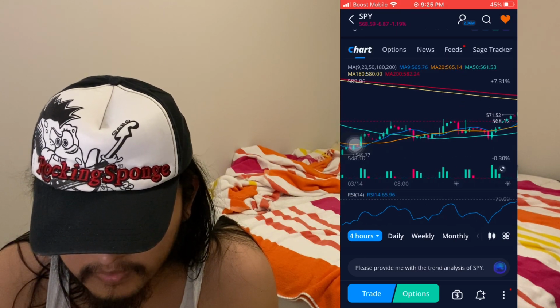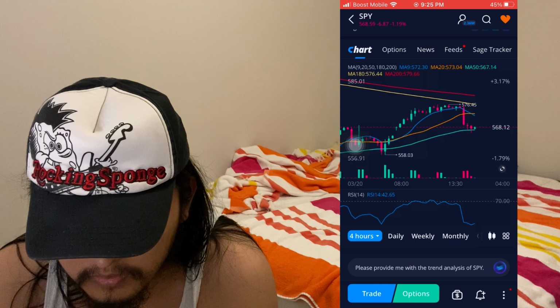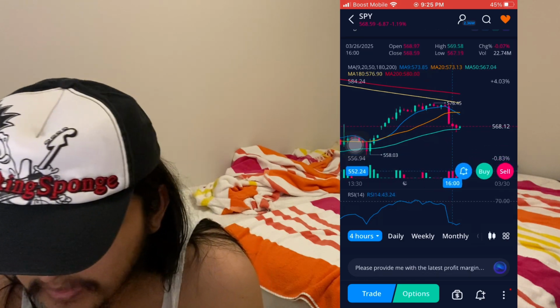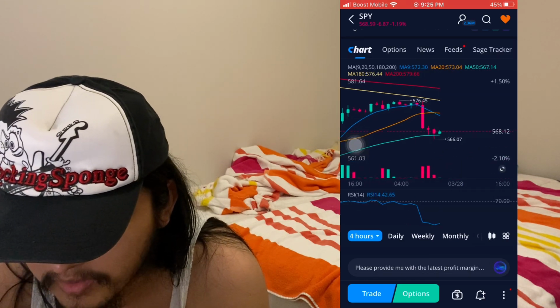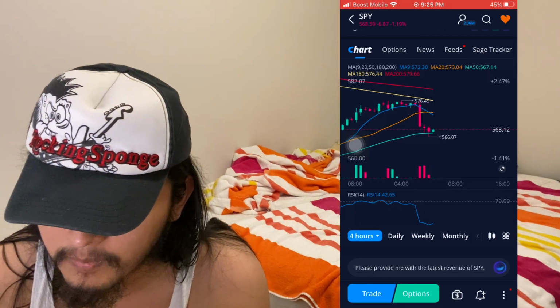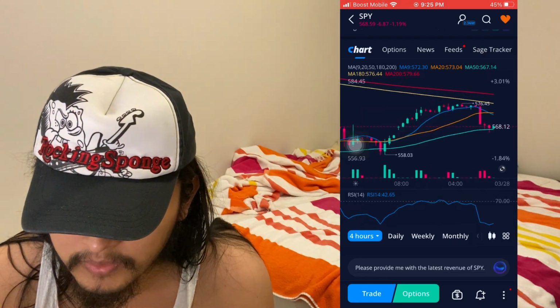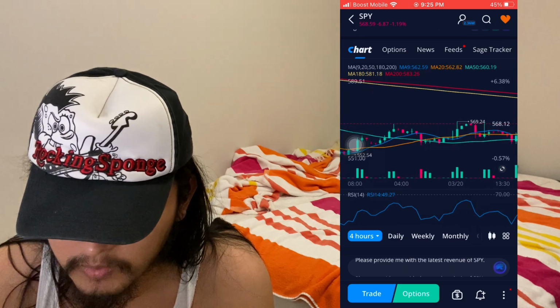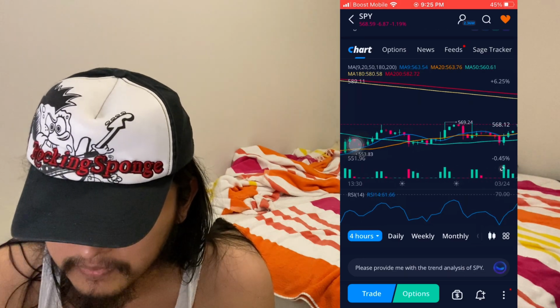But basically you can see that the SPY hasn't really approached the 180-day moving average at all, but you can see that the 20-day moving average was now above the 50-day moving average.